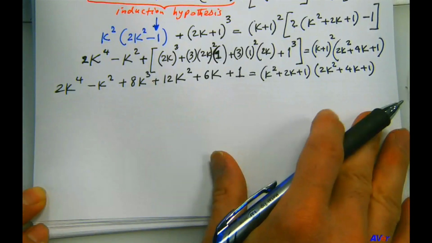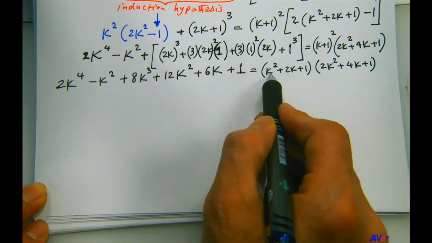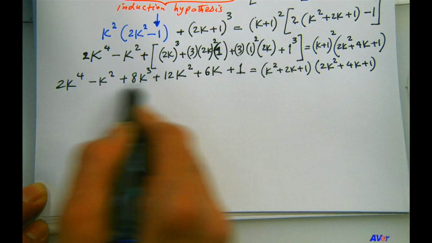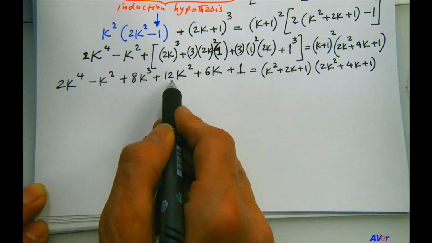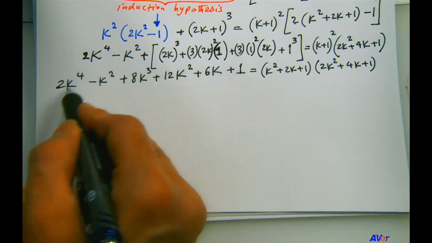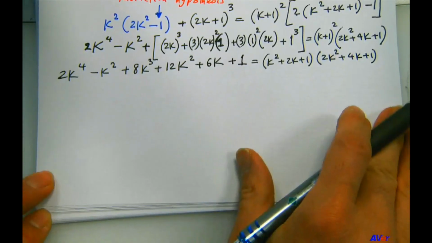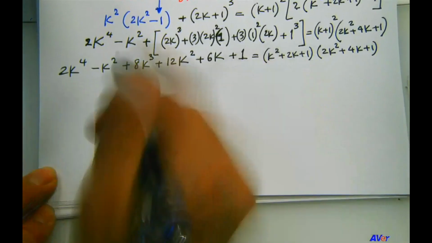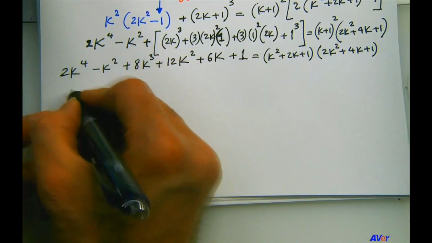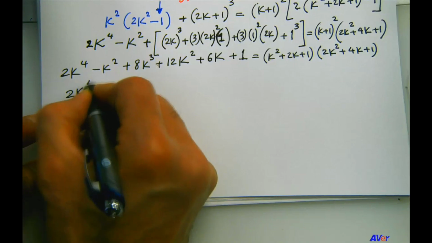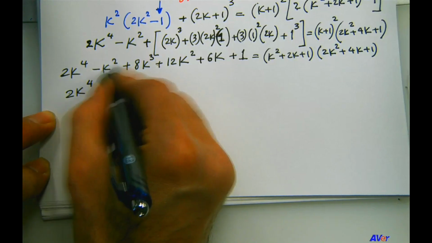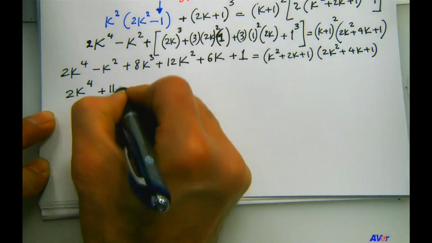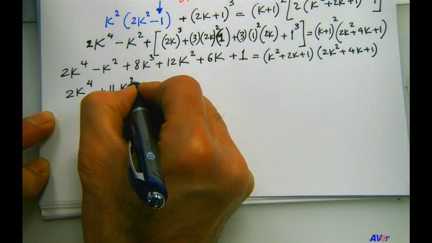Okay, so the left-hand side, well, we still can combine things here, right? Let's simplify the left and the right a little more. So 2k to the 4th is the only 2k to the 4th we have. So I'm going to write it down like that. Minus k squared plus 12k squared is plus 11k squared.